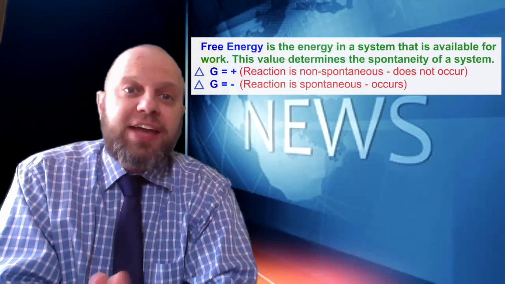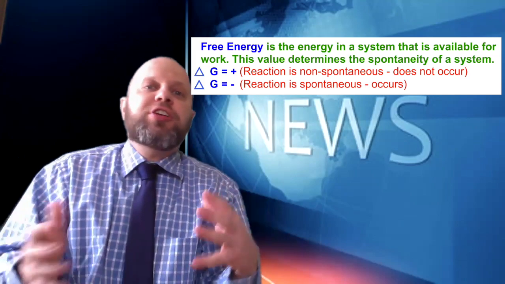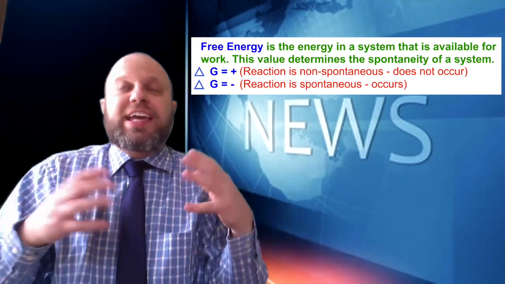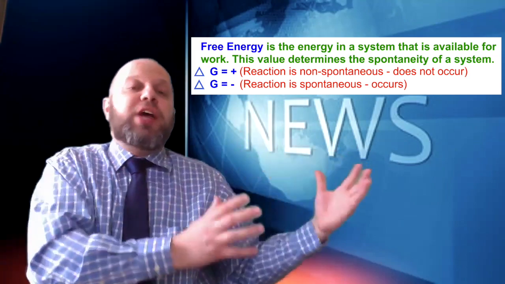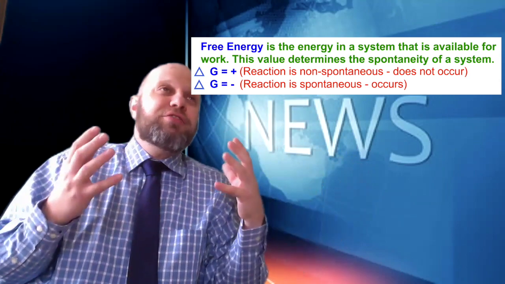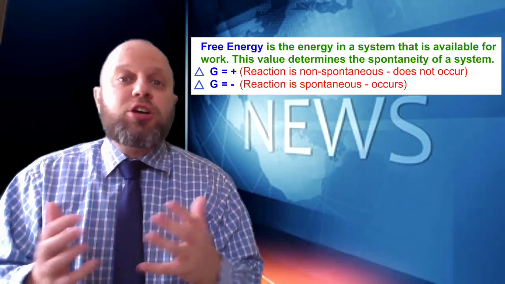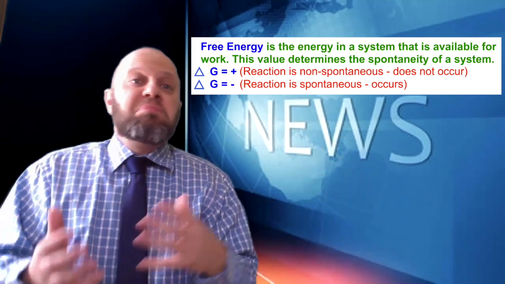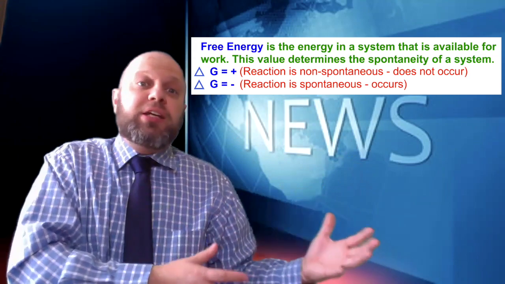And then finally, let's take a look at our last term, which is called free energy. Free energy is the energy available for work, the energy in a system that's available to carry out work. And really what it is, is a way of determining whether or not a reaction occurs spontaneously or non-spontaneously, meaning it doesn't occur.